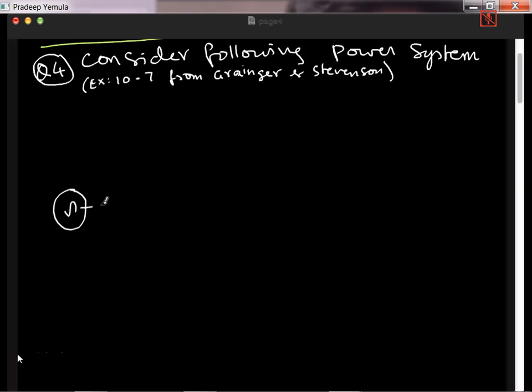So there is a generator. Immediately following the generator, there is a circuit breaker. Then I have a transformer. Then there is another circuit breaker. Then I have a long bus bar.